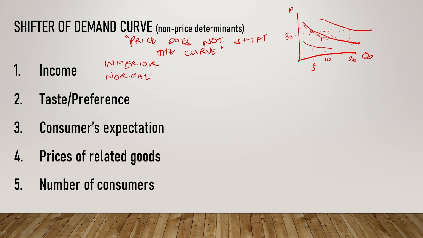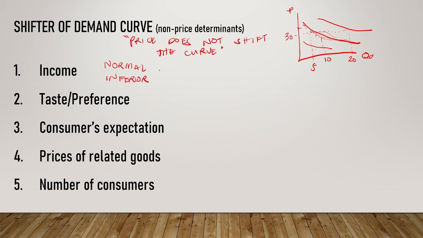For normal goods, an example is spam. So, normal good and then inferior good.